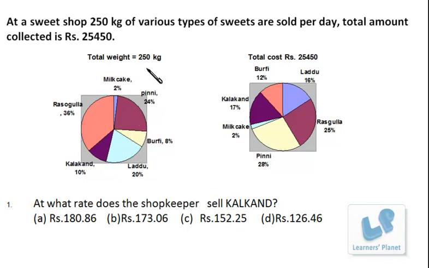That is what this pie diagram is conveying. Now here the total cost is 25,450 rupees. Burfi makes up 12% of that, kalakand 17%, milk cake 2%, pinni 28%, rasgulla 25%, and laddu 16%, right?